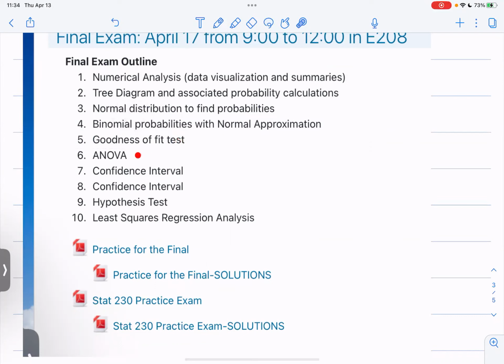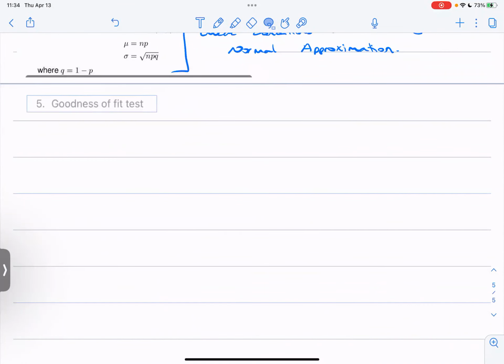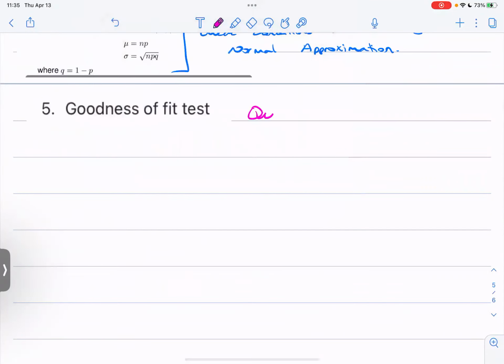I skipped to the goodness of fit test and the Anova because I've lumped together the confidence interval and the hypothesis test. So this is where the order is going to change here. But let's talk about the goodness of fit test. This is a chi-squared goodness of fit test, which was on quiz number 3, but I think we did a test of independence on quiz 3, which is a 2-way table.